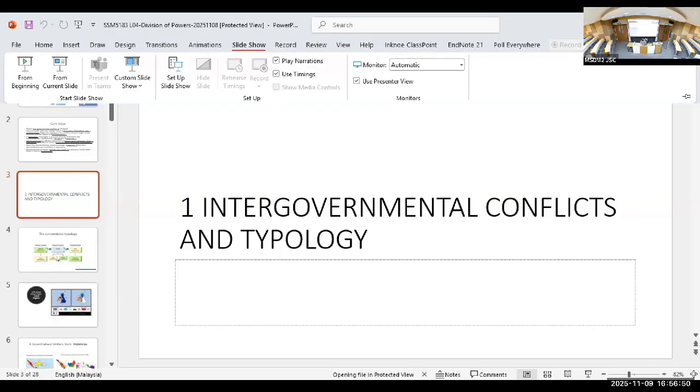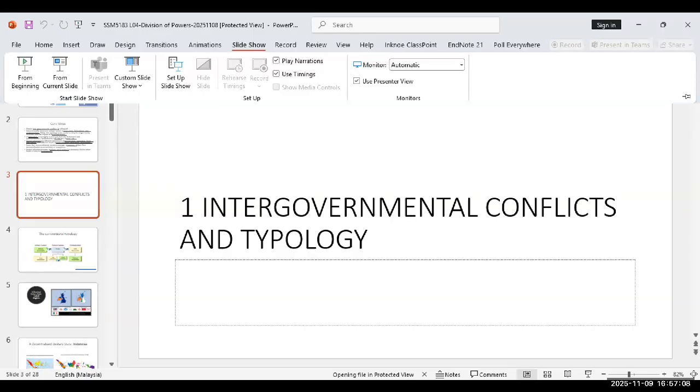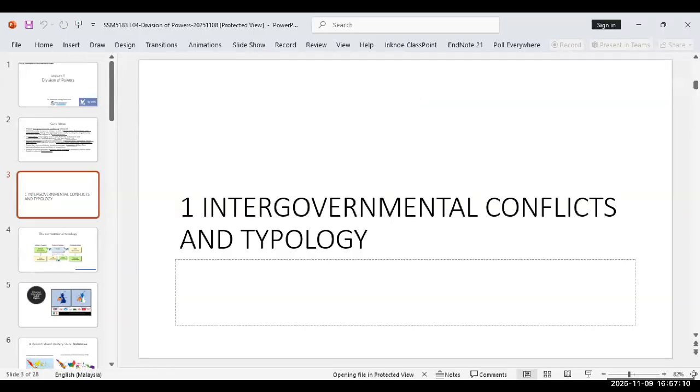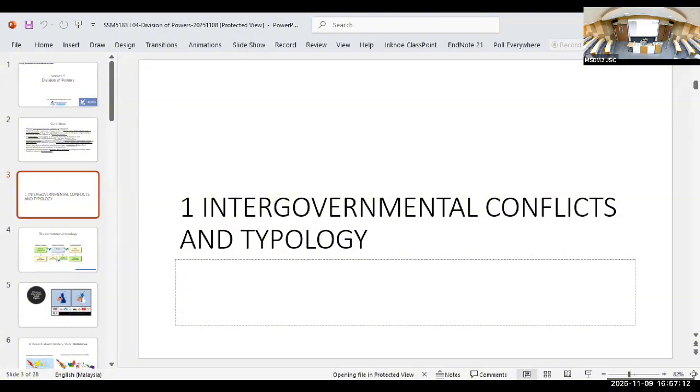No. I think it should be at the bottom right before the Zoom. Bottom right. Slideshow. Presentation view.